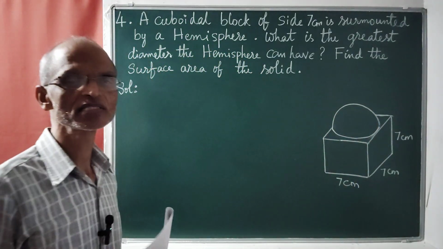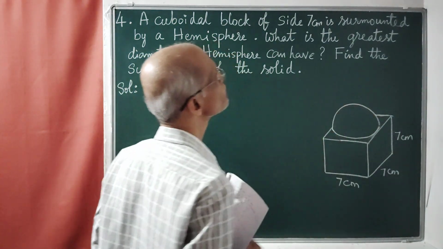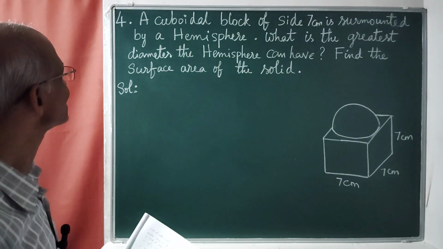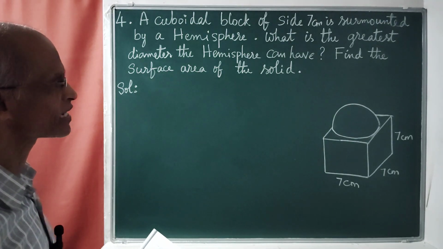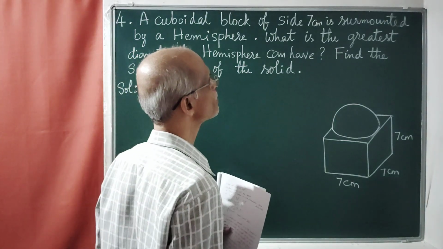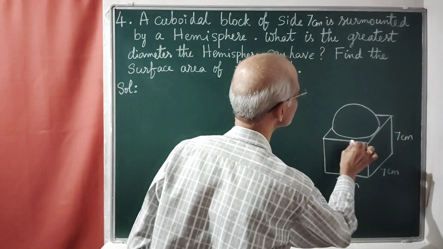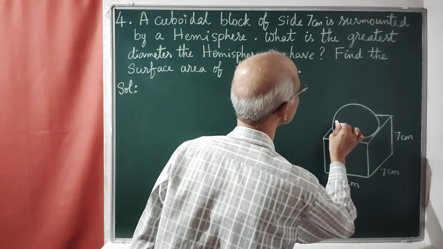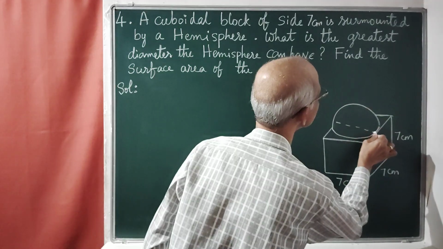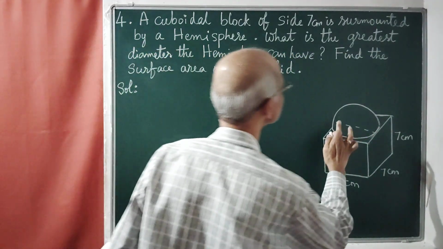The cube is surmounted by a hemisphere. They're asking what is the greatest diameter the hemisphere can have. The greatest diameter the hemisphere can have will be equal to 7 centimeters. You can see from here to here it will be 7 centimeters. So the diameter of the hemisphere will be 7 centimeters.